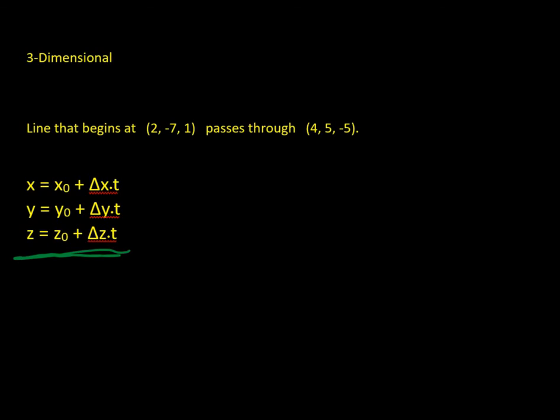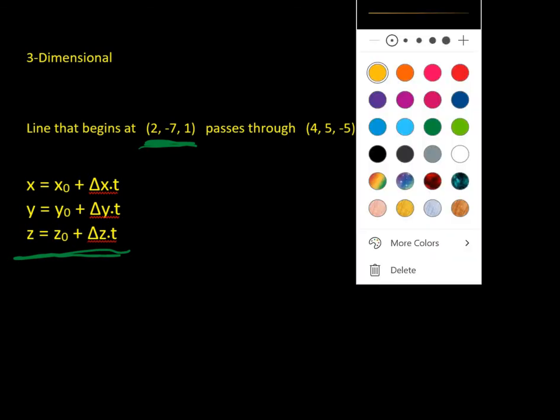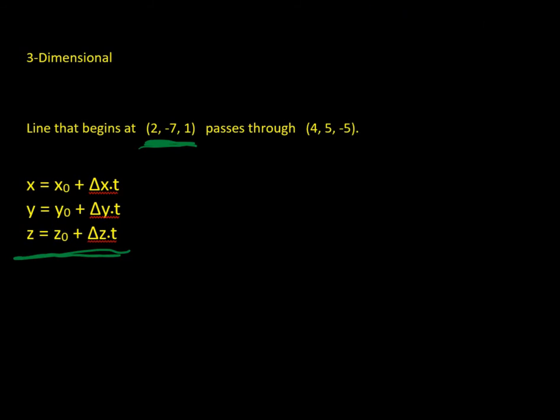In this particular problem, we can see exactly that x, y, and z begin at 2, -7, and 1. But what's going on with the change of x, the change of y, and the change of z? x is changing from 2 to 4, so that's an increase of 2.